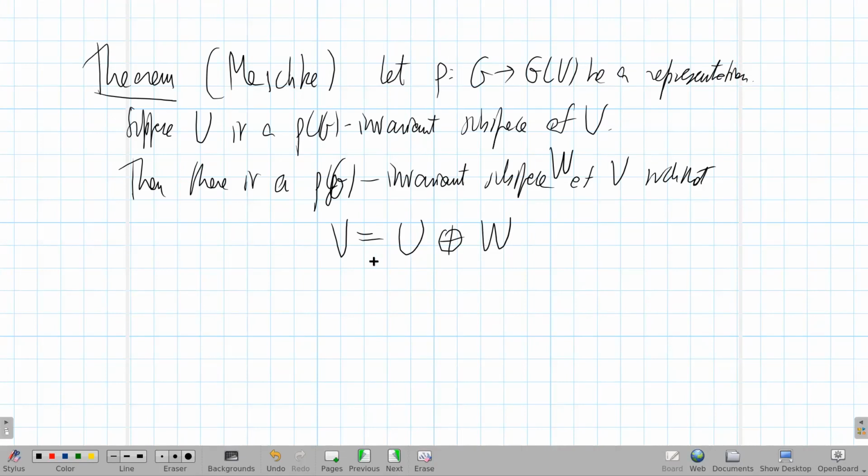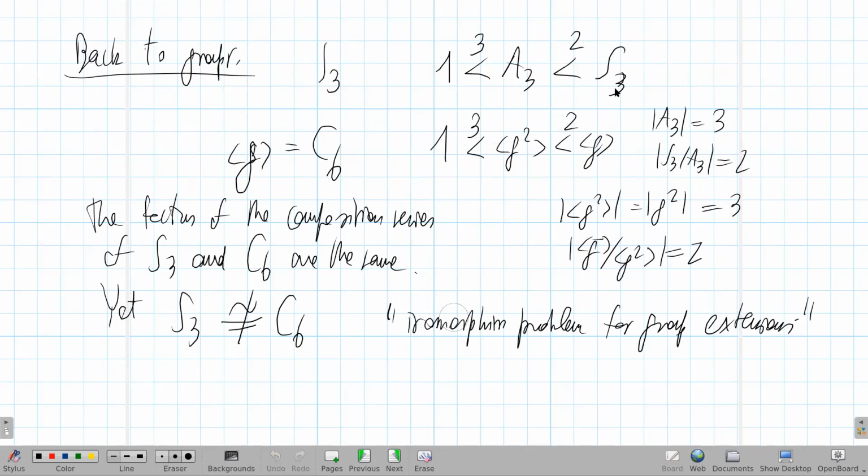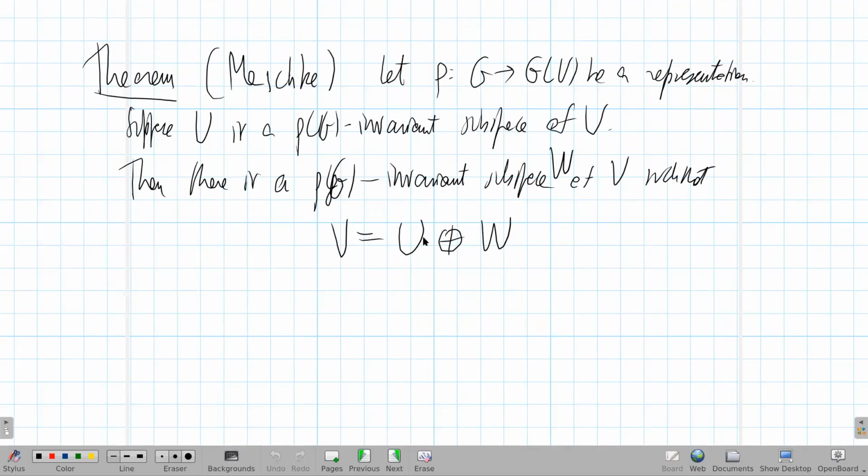This, of course, does not hold in groups, because if you consider S3, it has a normal subgroup A3, okay, which means a subgroup is invariant under, say, inner automorphism, but there is no complement. It's not a direct product or direct sum, whereas in C6 it is, okay? So in groups, you cannot hope to have this. This is not a direct product. S3 is just a semi-direct product. But with representation, this holds.